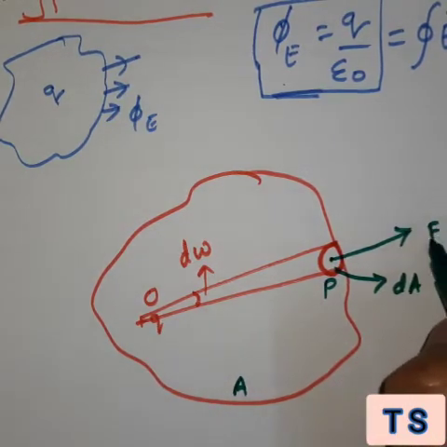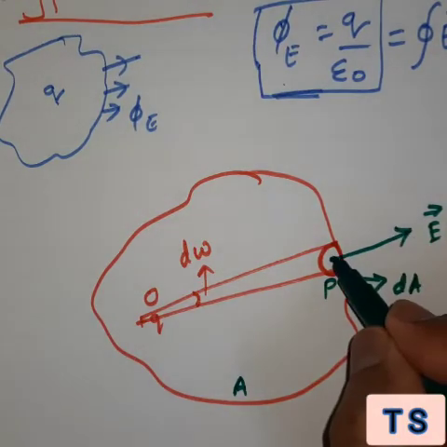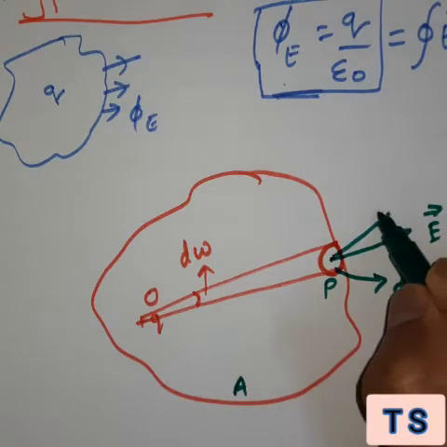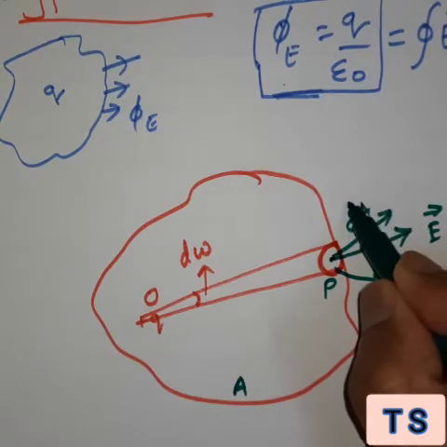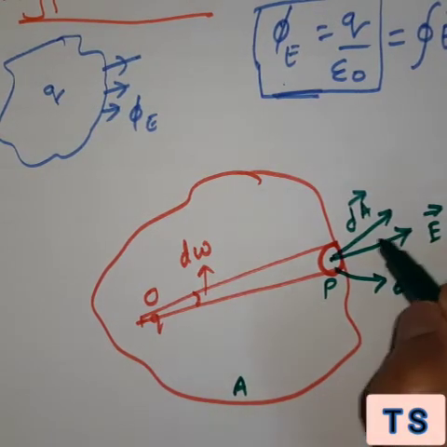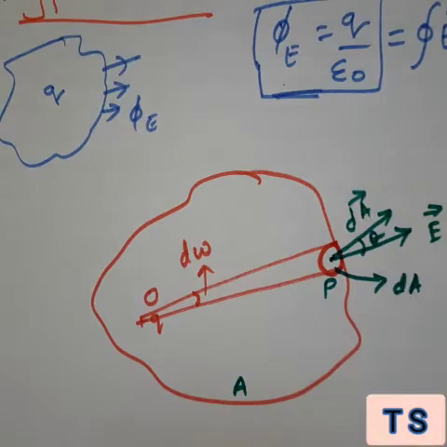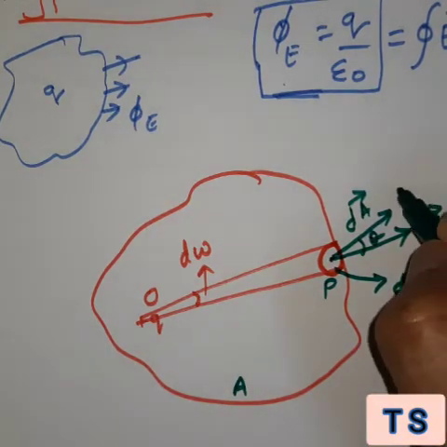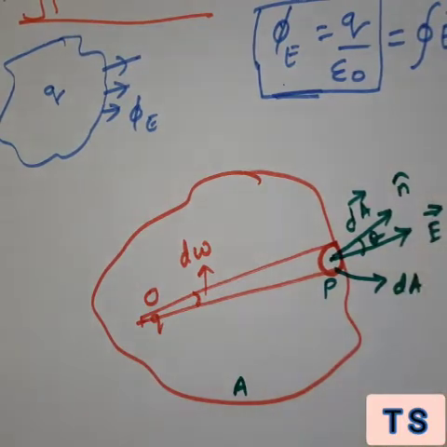So this is my electric field, and let's say that the area is acting somewhere in this direction. Now in this case, dA and E we are showing by a small angle, let's say it's theta, and this is my n cap, which is defining the direction for area.